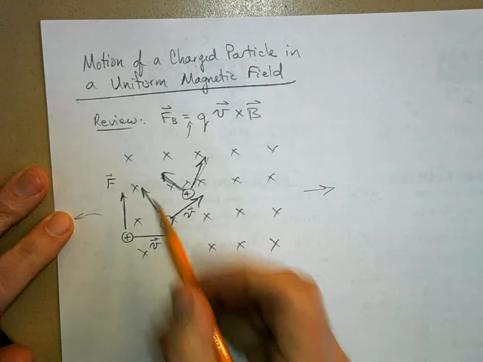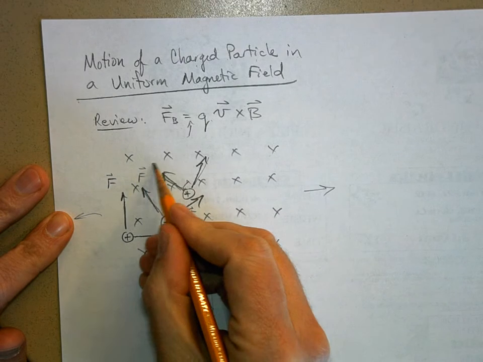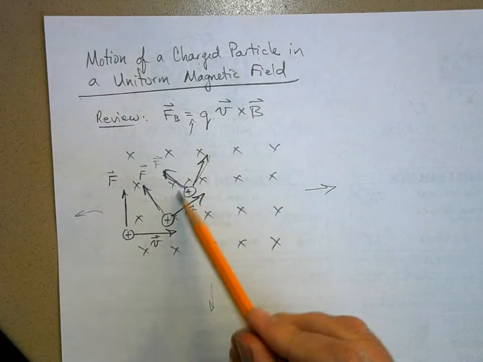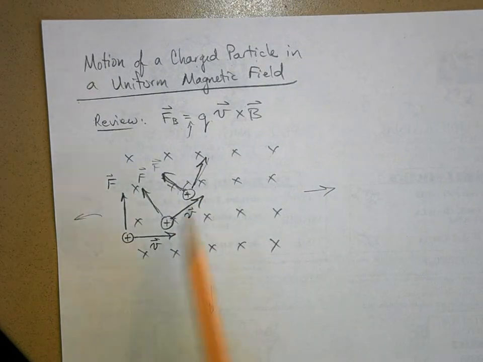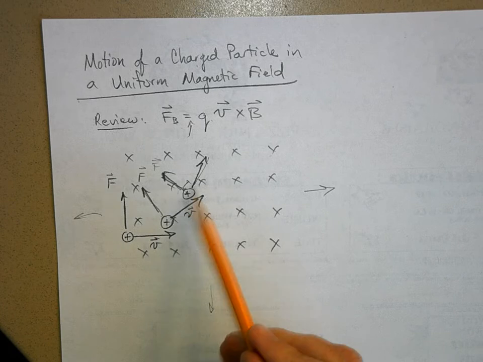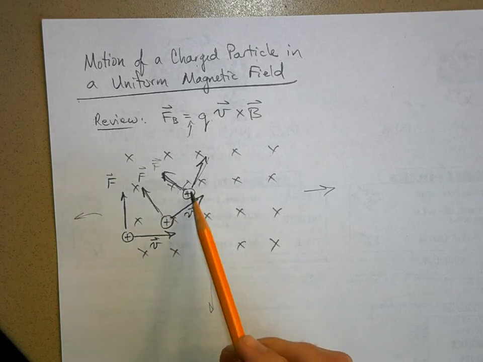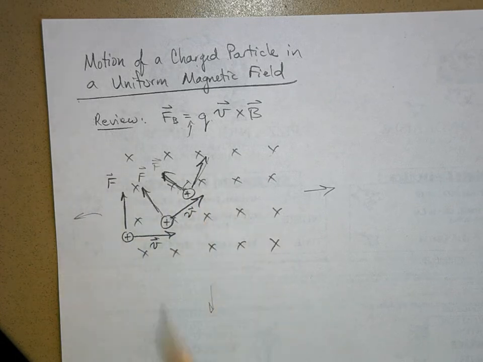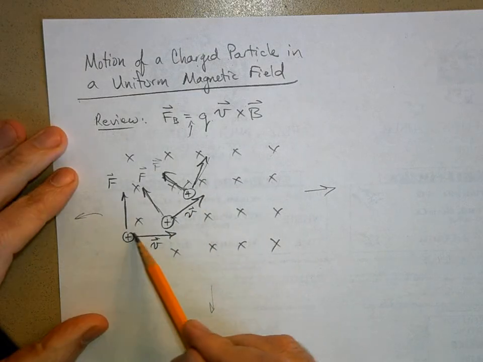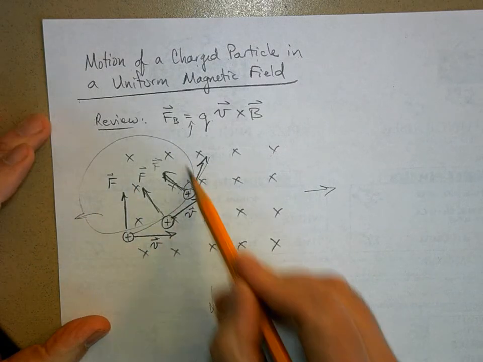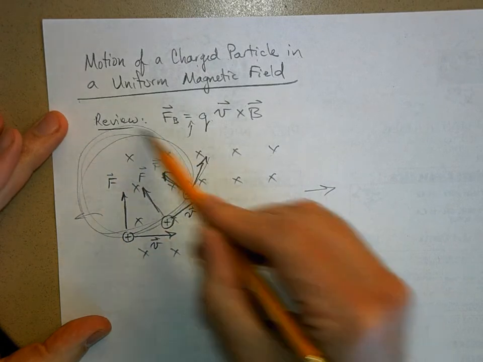Okay. The force is staying constant, and the force is always perpendicular to the direction of my motion. So all the force can do, it can't speed up or slow down my charged particle, but it can change the direction of it at a constant rate. And when that happens, it's going to move in a circle.